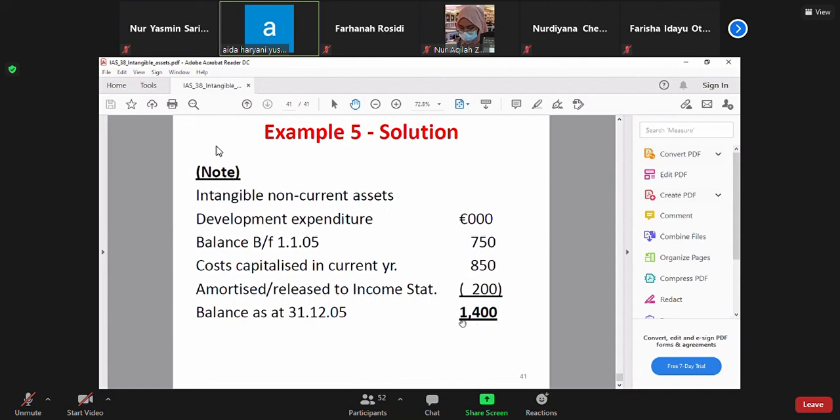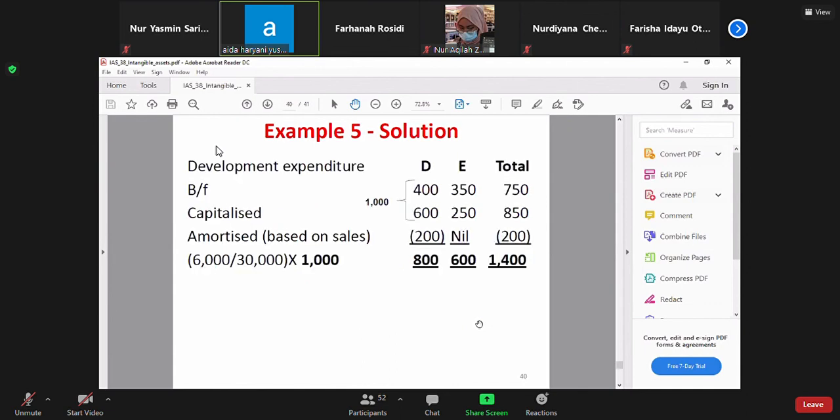Okay, so ini yang balance ni, ini yang show dalam intangibles in your SOFP. Oh, maksudnya itu sekali dengan cost capitalized dengan D tu lah kan? Yang mana? Yang 1,400? Yang 850 tu. 850 tu kan I kata tadi, yang brought forward ni adalah research expense dia. Tapi bila dia dah start ada development, then dia capitalisekan the development cost together with the research things here.